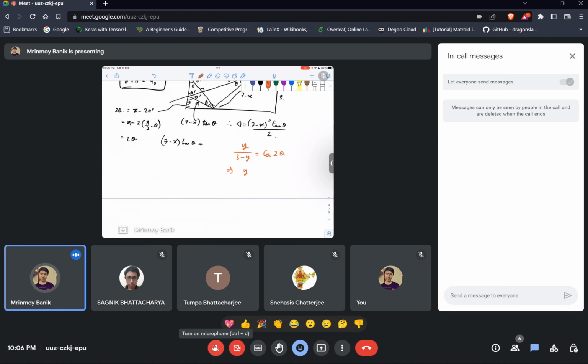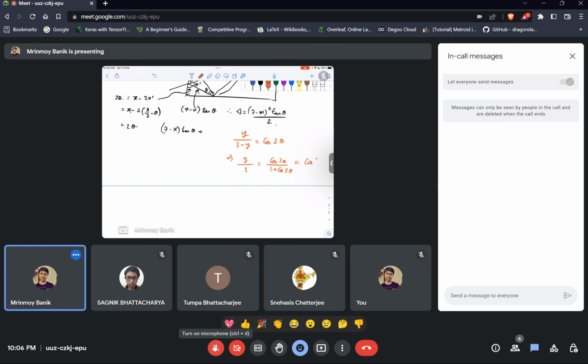So using dividendo, we get, just reverse it, 1 by cos 2 theta.